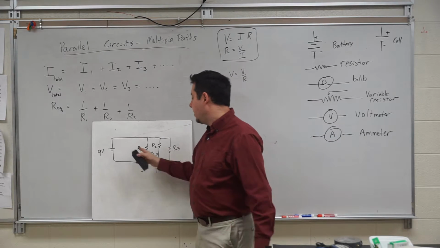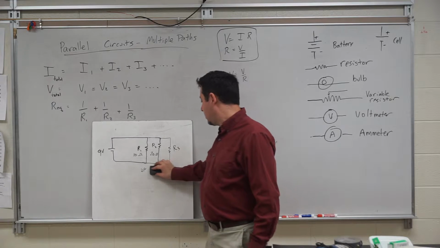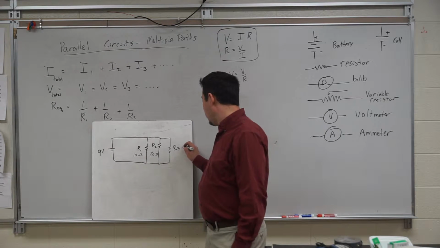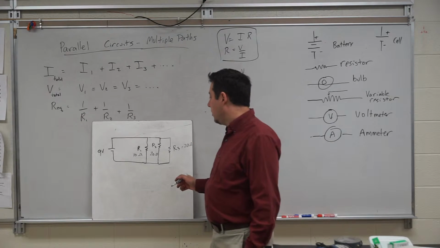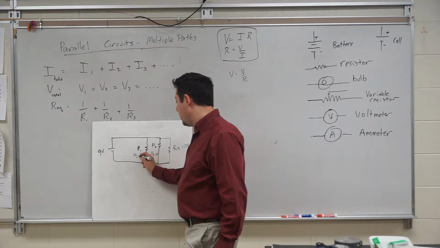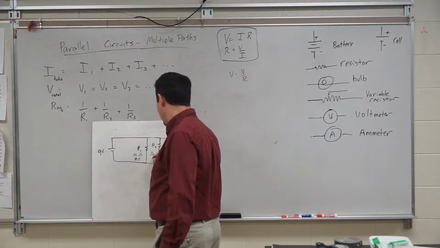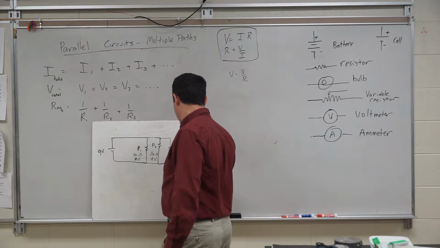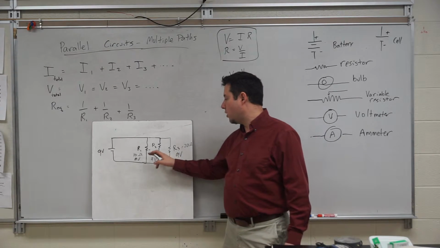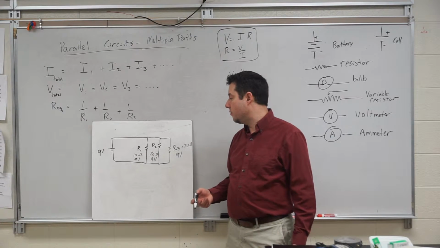So if R1, R2, and R3 have different resistances, that doesn't matter, because the voltage drop for all 3 components should be the same. It should be 9 volts. So 20 ohms, 10 ohms, they all have a 9 volt drop.